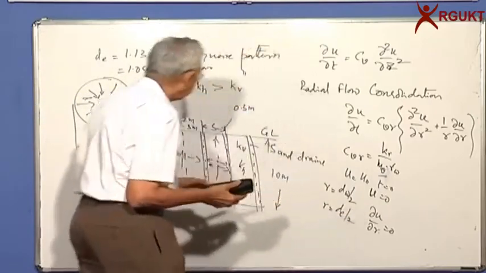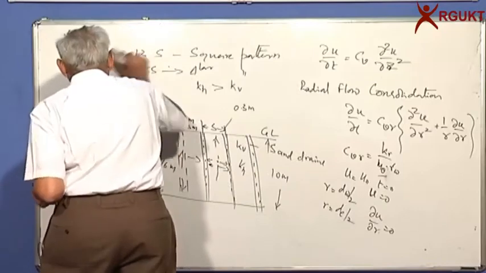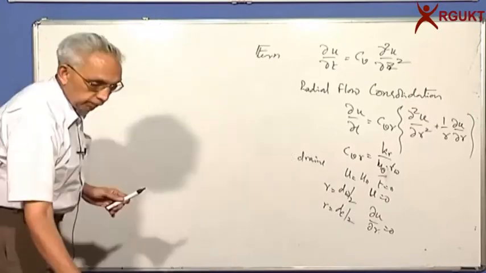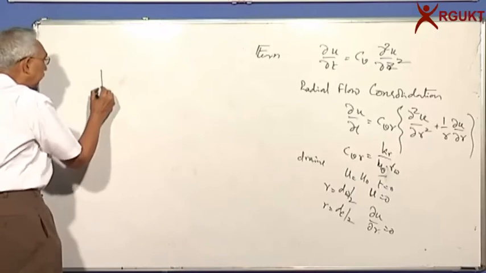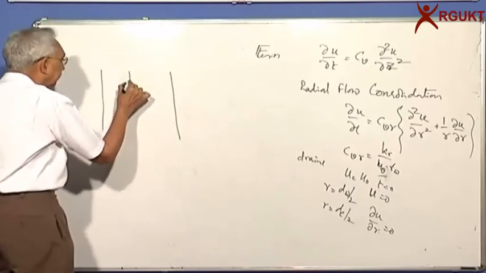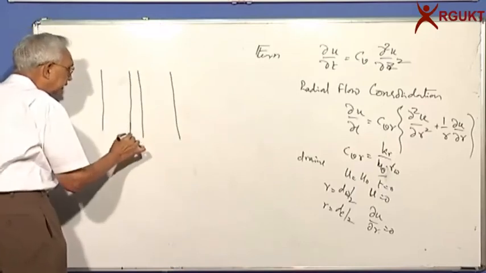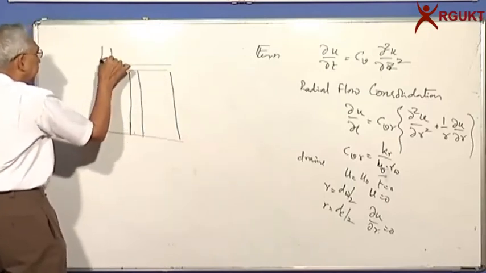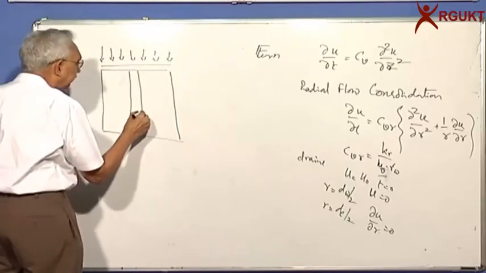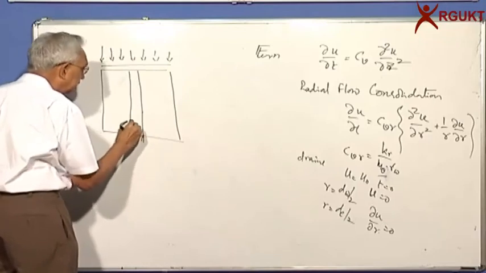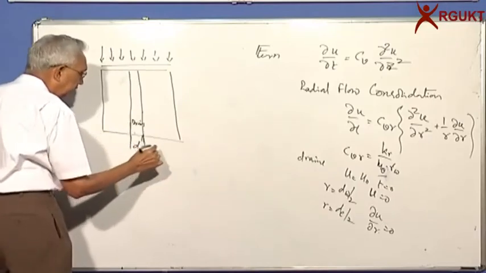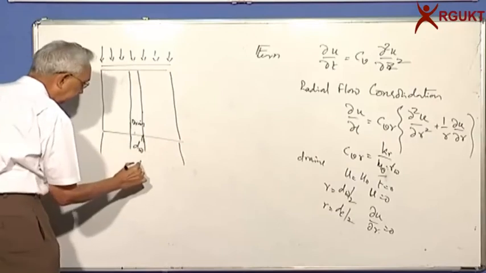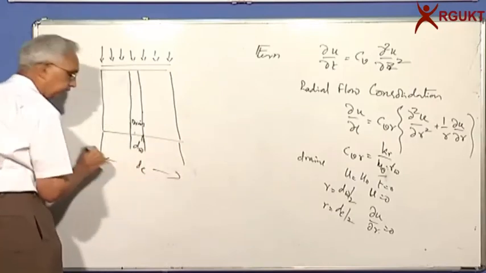We have a very interesting problem with respect to strains. If I now look at a simple unit cell, that is, I have a drain here and the zone of influence, and on top I am applying the load. This is the drain, diameter of the well or drain, and this is the diameter of the zone of influence.